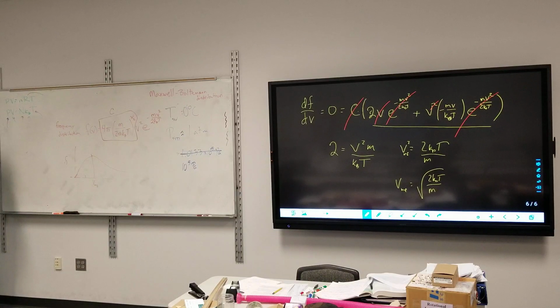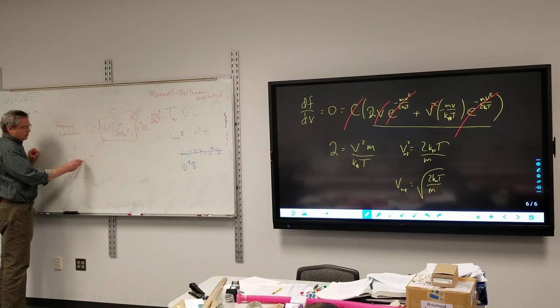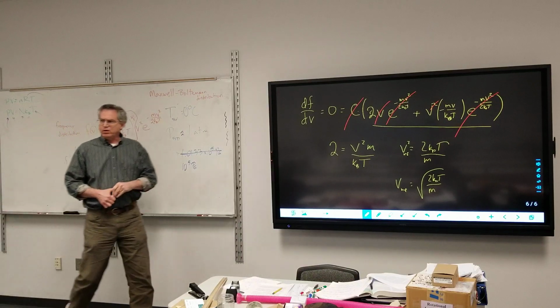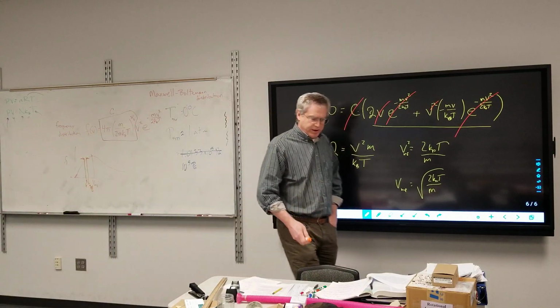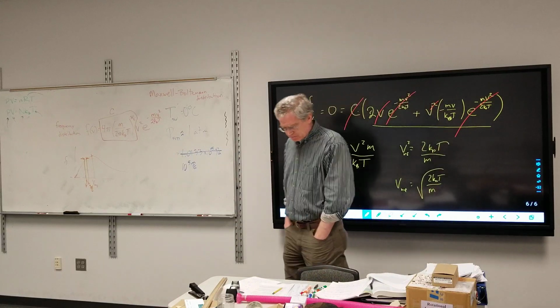What a frequency distribution basically is telling us is the fraction of the particles that are at some speed v to v plus dv. So I take a small little wedge of this and it tells me the fraction of the particles that are going to be within that small range right there.